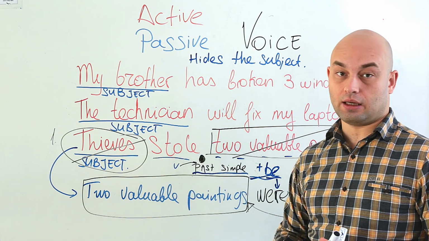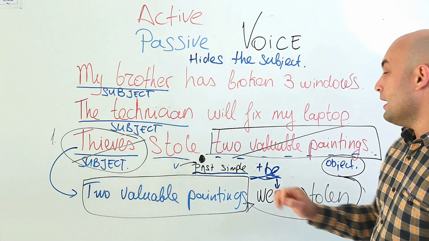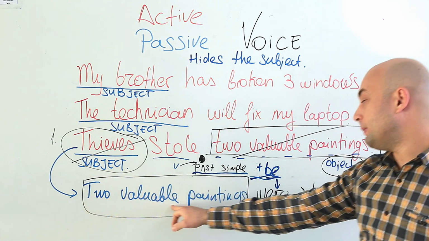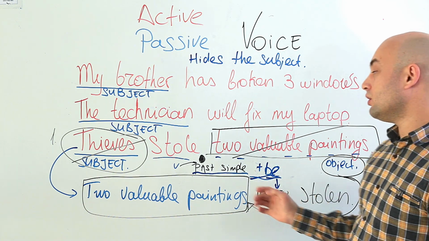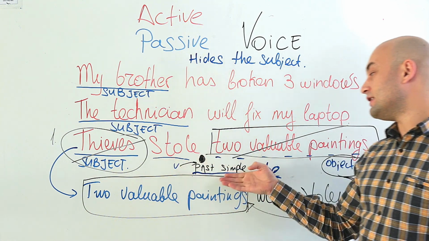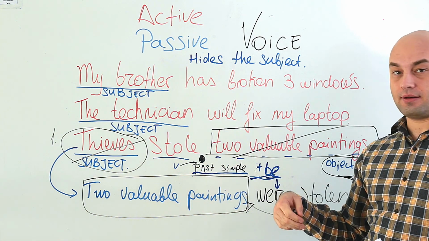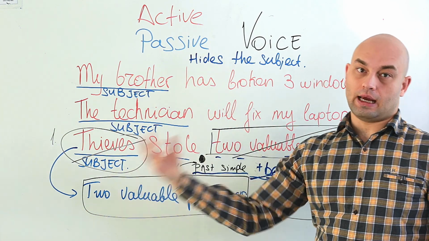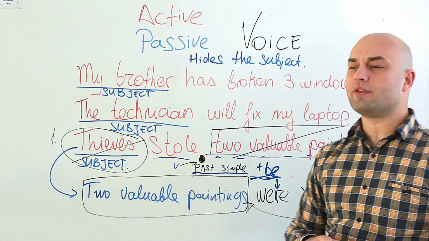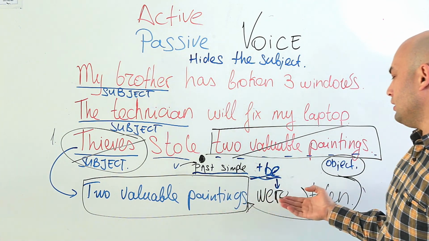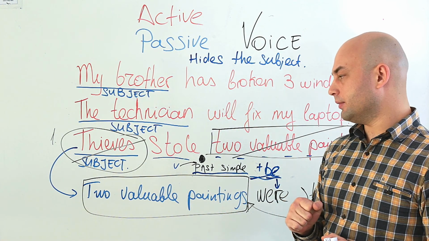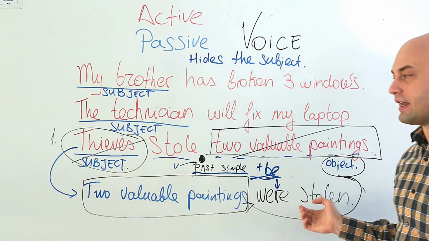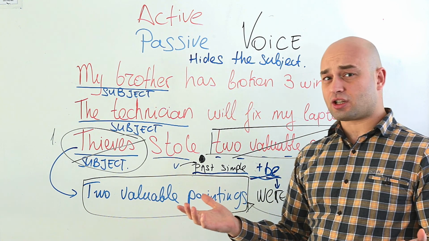This one could be in singular. We'll see that in a moment. So, "two valuable paintings were," and now I cannot use the same verb tense and add another verb in the same verb tense. You know that doesn't happen in English. You couldn't say "were stole," for example. You couldn't say "two valuable paintings were stole." It just doesn't work out.